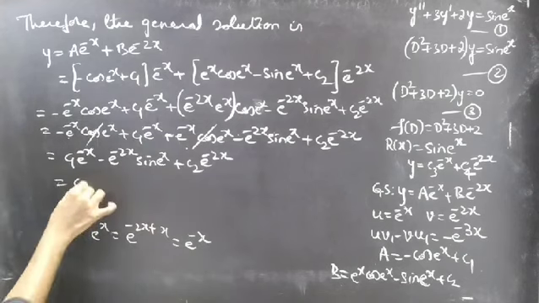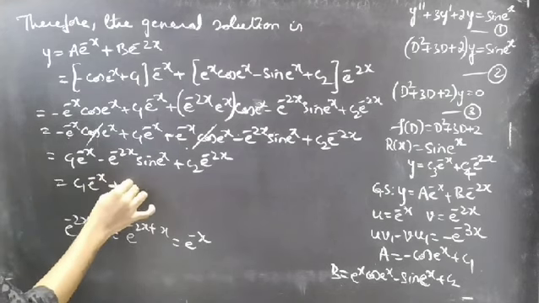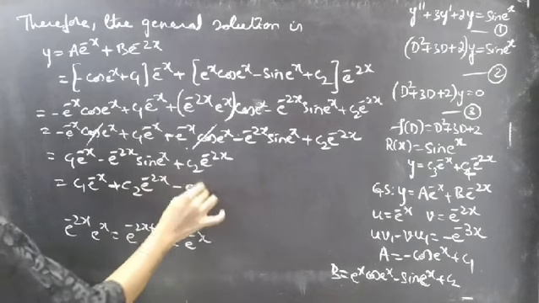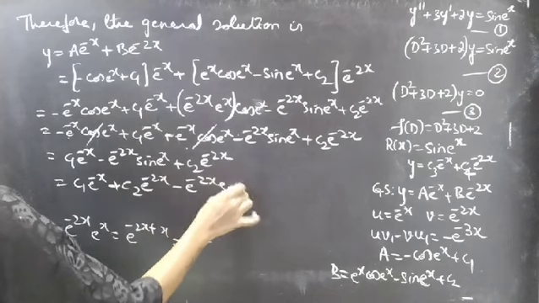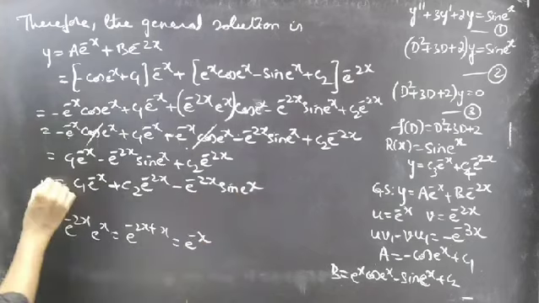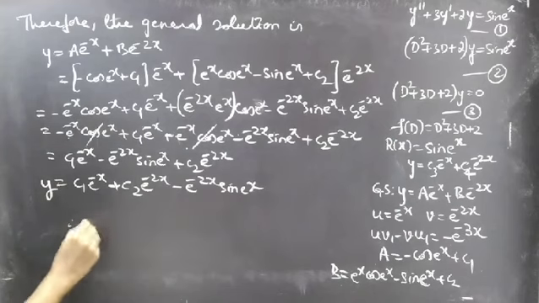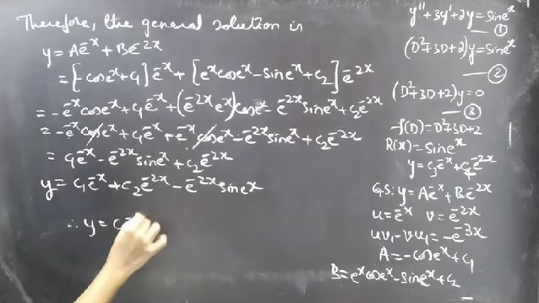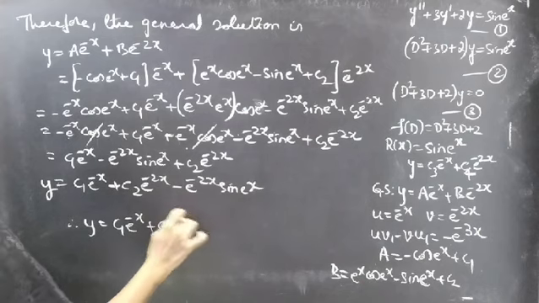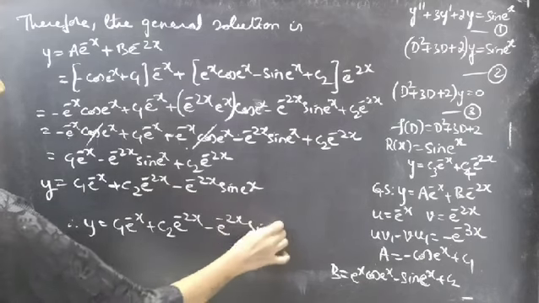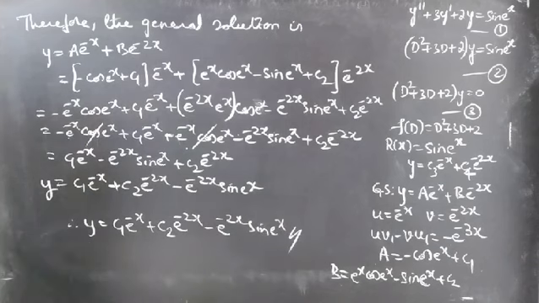We can write it as c1 e power minus x plus c2 e power minus 2x minus e power minus 2x sine e power x, which is the required solution. Therefore, y equal to c1 e power minus x plus c2 e power minus 2x minus e power minus 2x sine e power x is the required general solution to our problem.